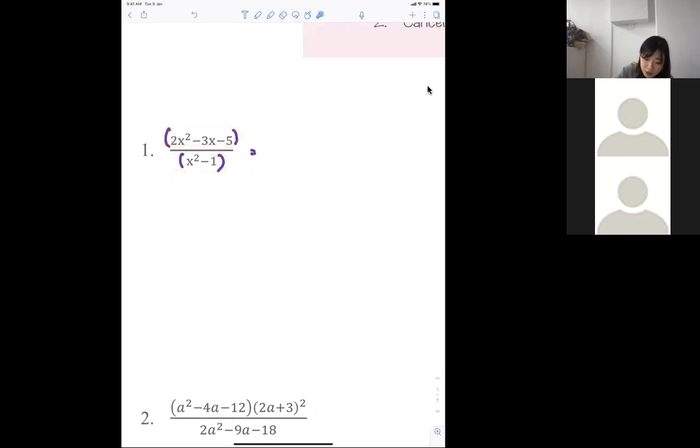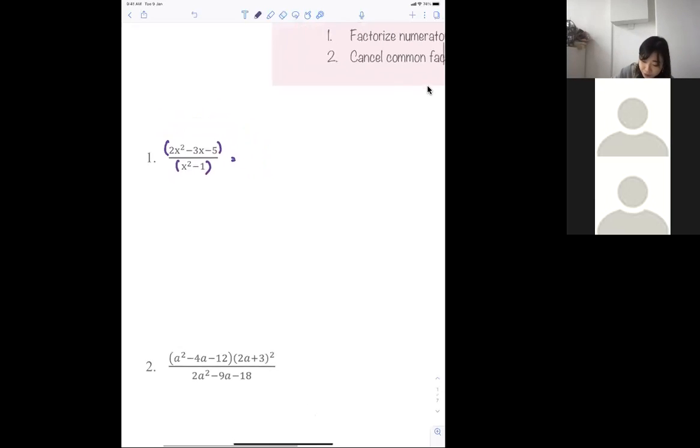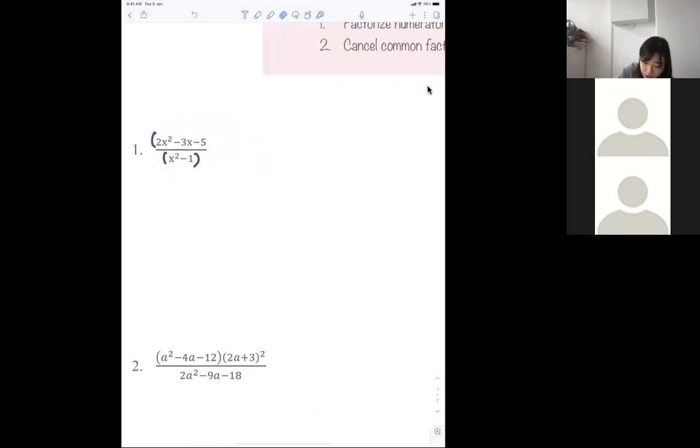Okay, so the top is quadratic, you must draw this thing, the cross, x and x, then you can put calculator. Mode 3, 2, remember to put mode 3, 2, minus 3 and minus 5.